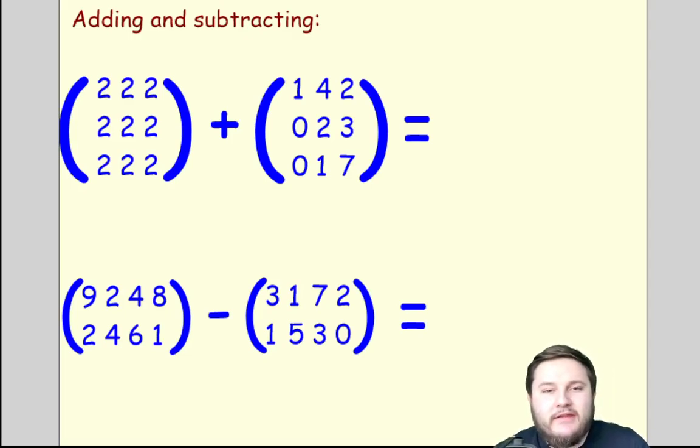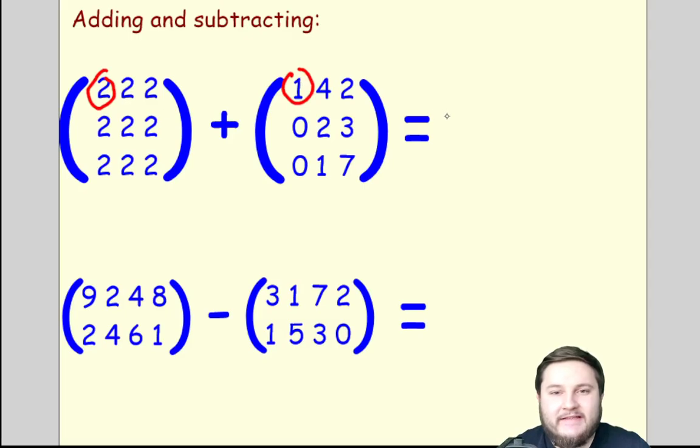So, let's start with addition and subtraction. Well, addition and subtraction are actually quite easy. When you have two matrices of the same dimensions and you want to add them together, you just add the elements in the same position together.